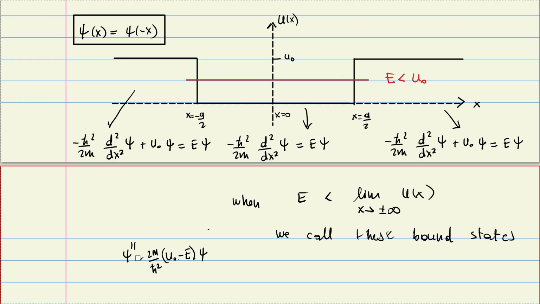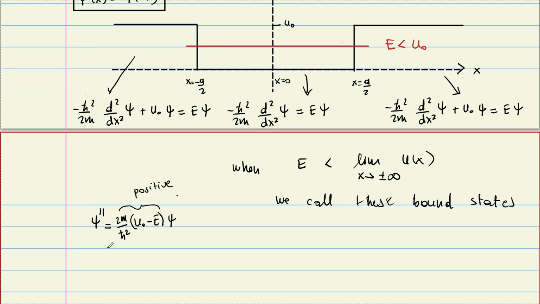Okay? So this is the first one. Also, because U is bigger than E, this is a positive constant. And I can write it to be some alpha squared psi.